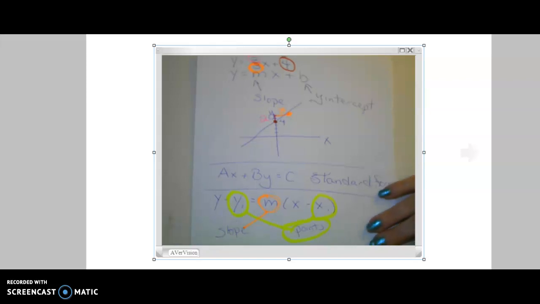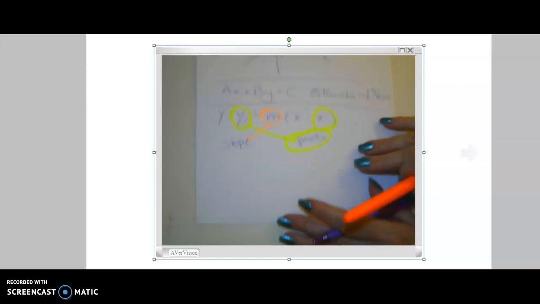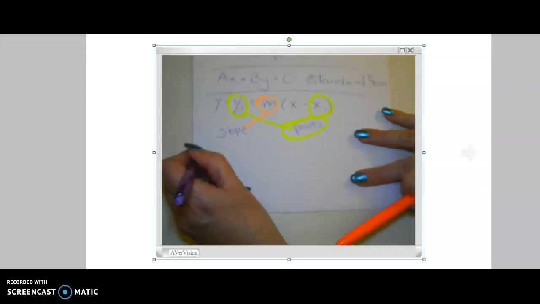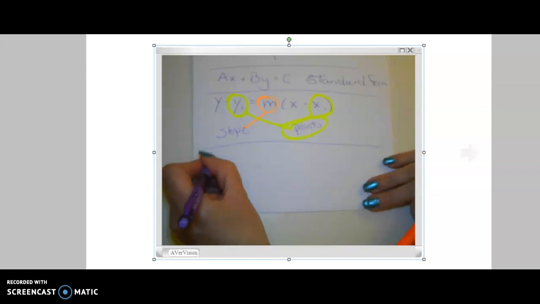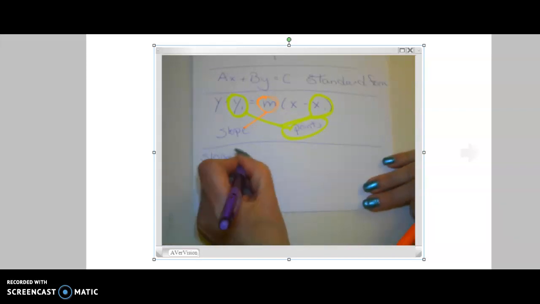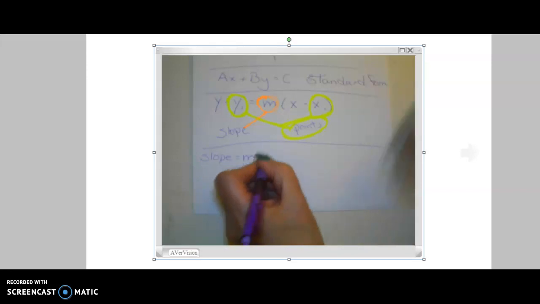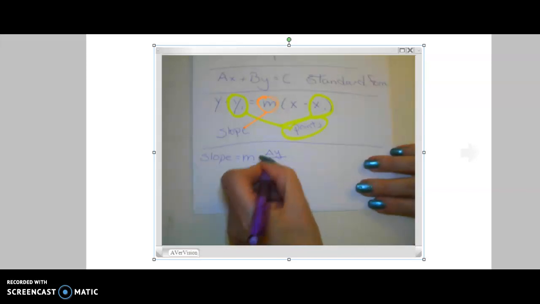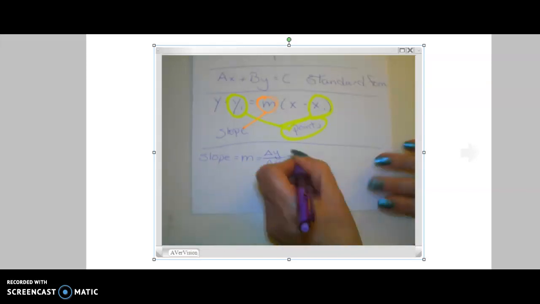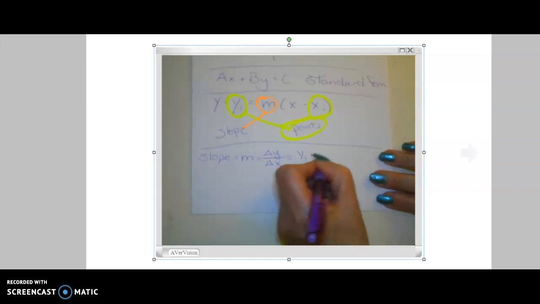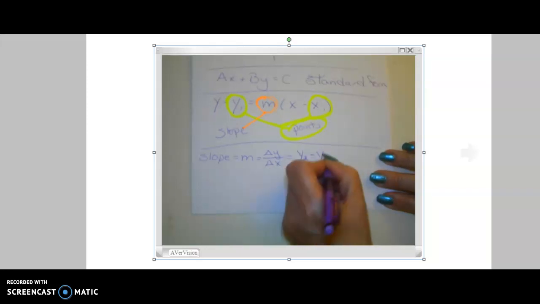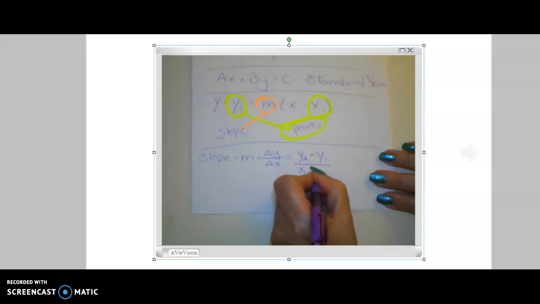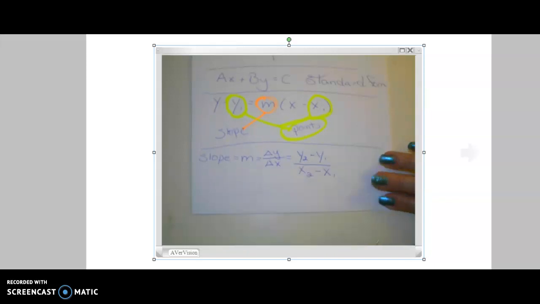The other piece of the equation that I want you to remember is the slope equation. So if I am looking for slope, of course we call that m, and that is your delta y over delta x, which is y2 minus y1 over x2 minus x1.